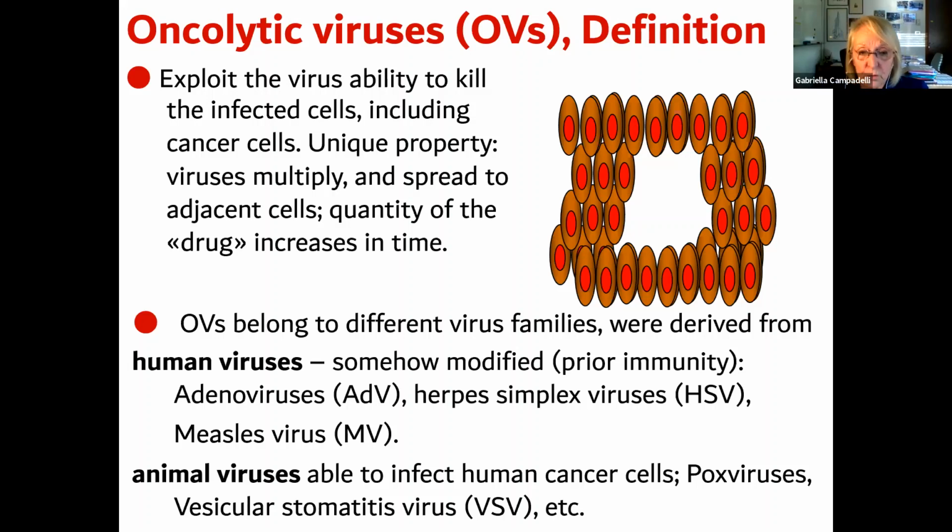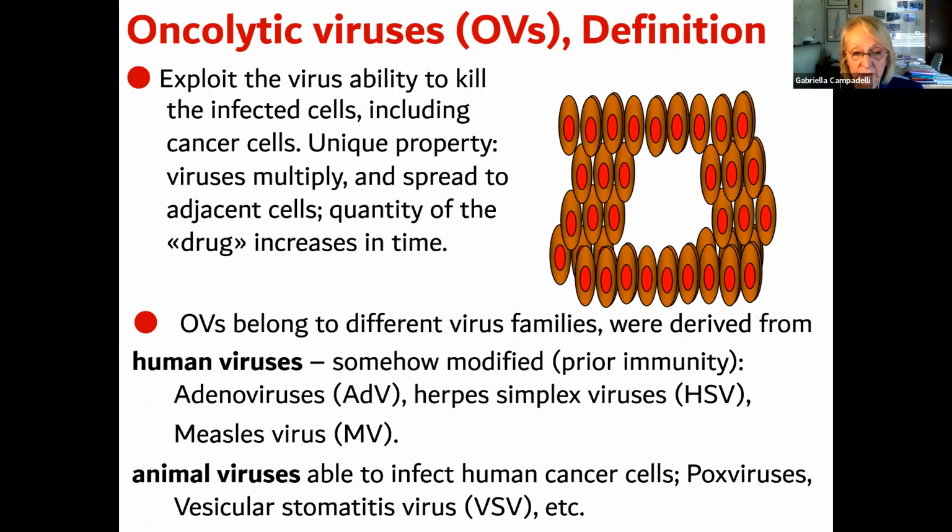But there is also one problem, that humans have antibodies to these viruses. And so there is a prior immunity when we use these oncolytic agents based on human virus. And the problem, prior immunity, will neutralize somehow the drug that we administer.